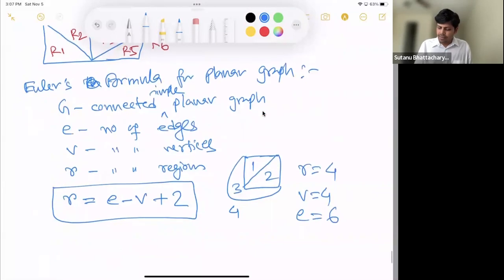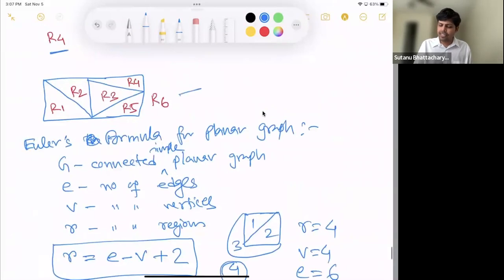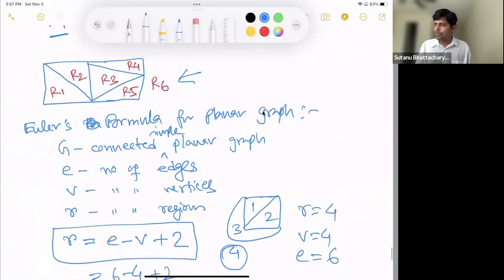So what is 6 minus 4 plus 2? That is 4. See, we have 4 regions. Similarly, you can verify for this example, it holds true. So this is the relation between the number of regions of a planar graph containing E edges and V vertices. This is important.